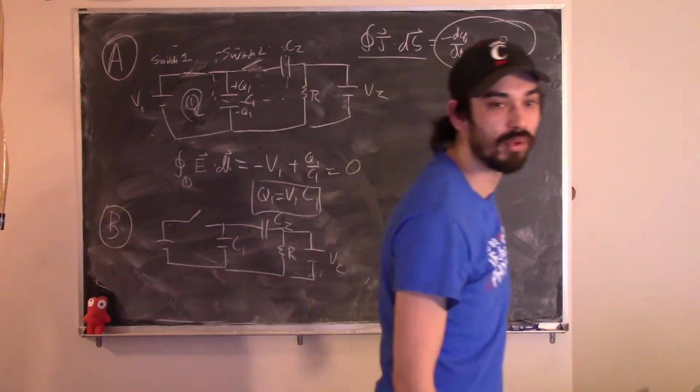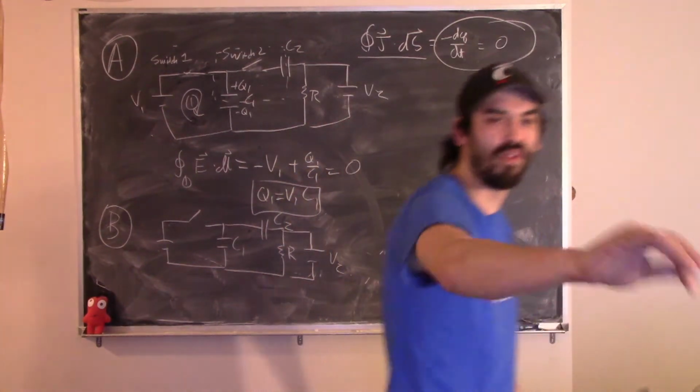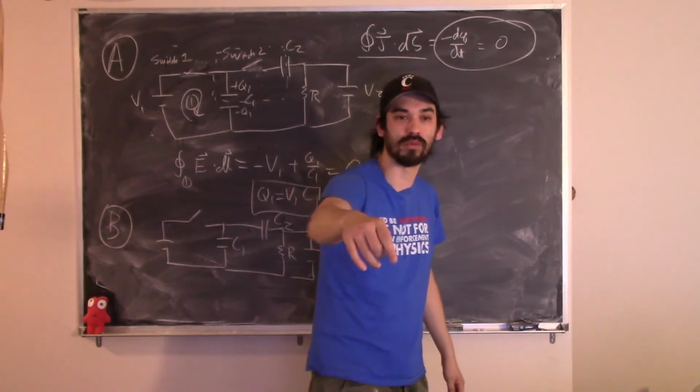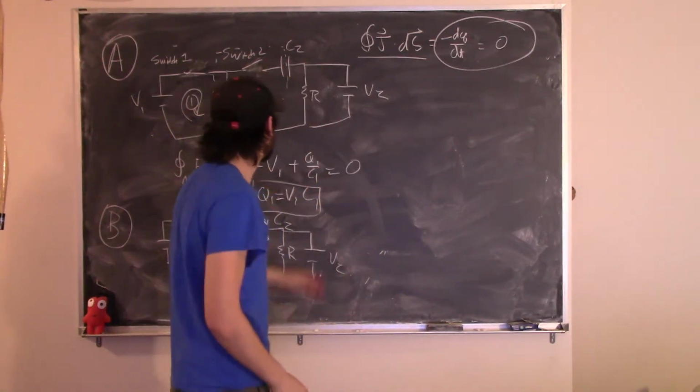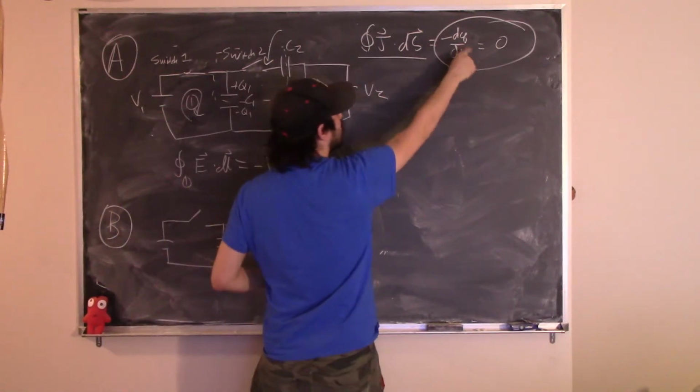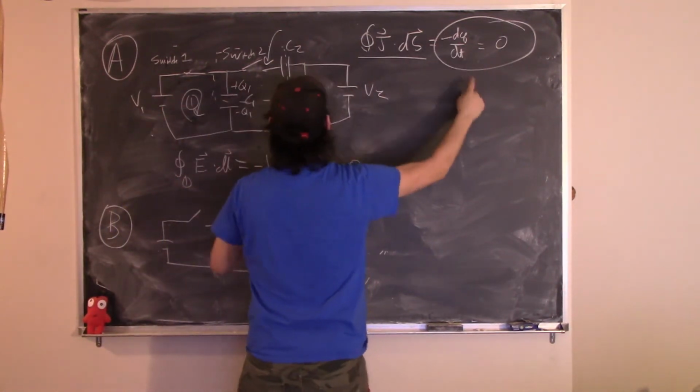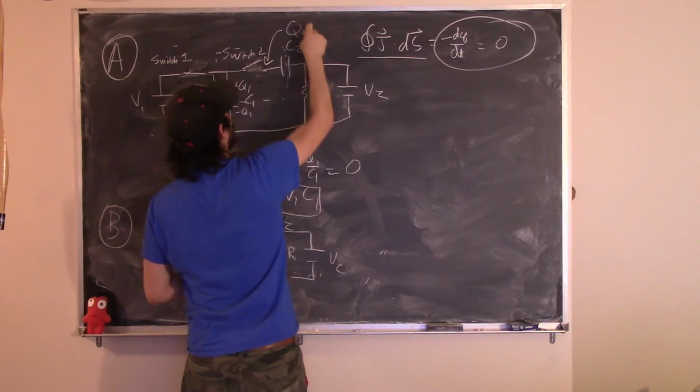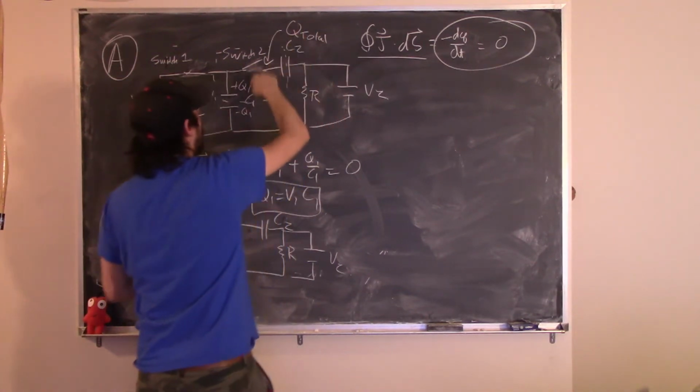The screen is still blurry. Hopefully that fixed it. Looks like the autofocus is working though. So this just says that there's some total charge inside this box.